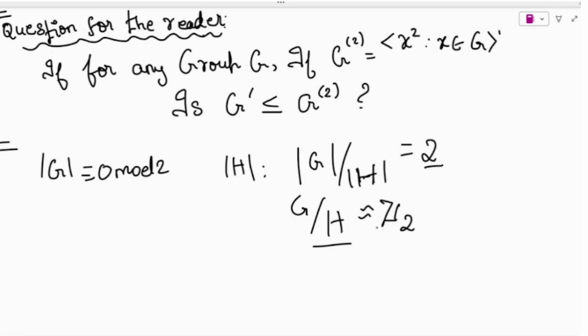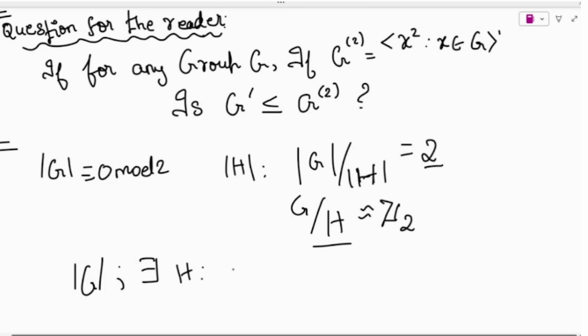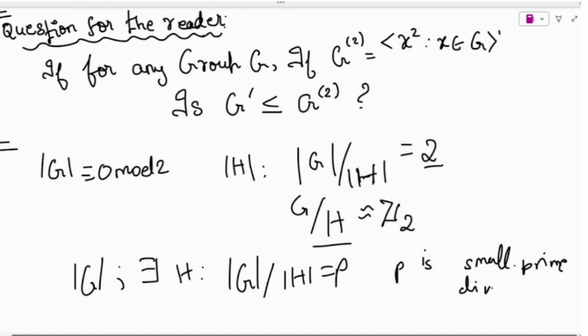Yeah, correct. It could be generalized: if the index is a prime, and p is the smallest prime dividing the order of G, so if there is a subgroup H such that the order of G divided by the order of H is p, where p is the smallest prime dividing the order of G, then H is normal.